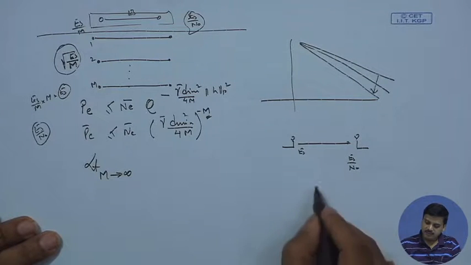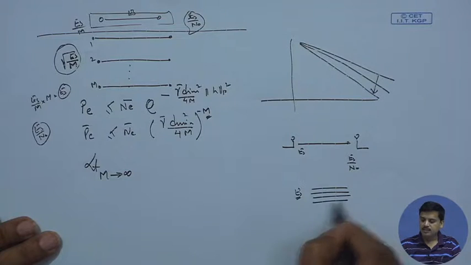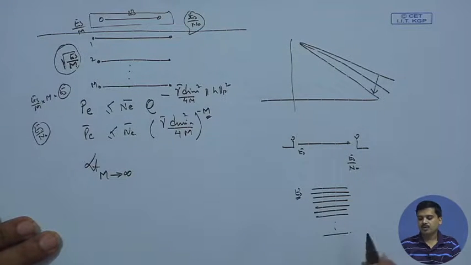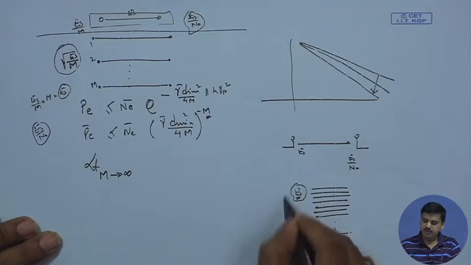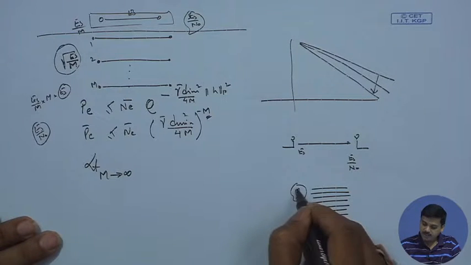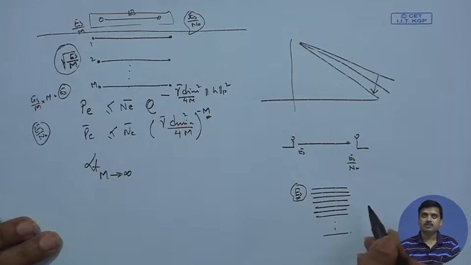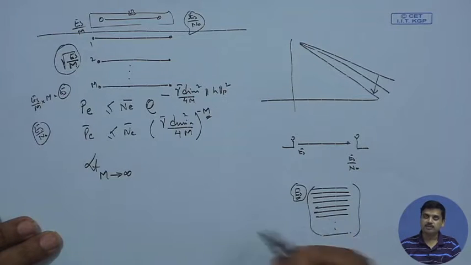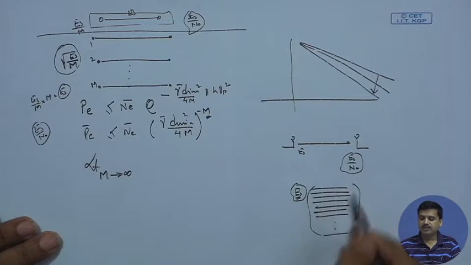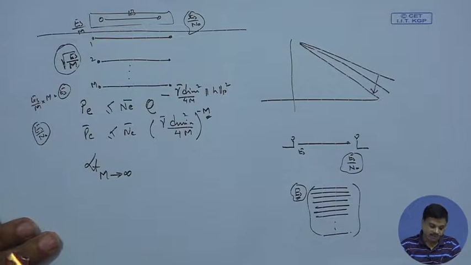Compared to this, I consider a situation where I still have Es as the transmit power, yet I send several of them. What is going to happen? I am not going to change the average transmit power, neither am I changing the average received power. So average SNR of this link is remaining the same. There is no array gain. So still, effectively I am enjoying an average Es by N naught. So what's going to happen in that?